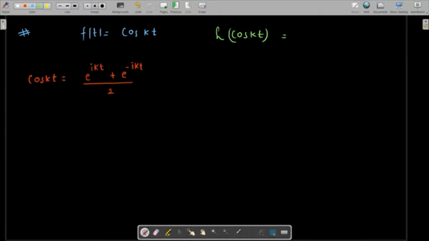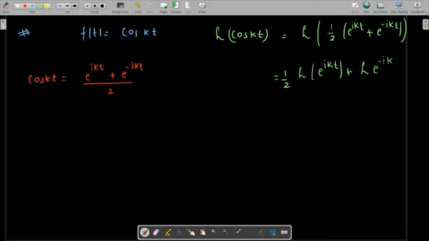So now the Laplace of cos kt using this expression is written as the Laplace of 1 over 2 times e raised to i kt plus e raised to minus i kt. So 1 over 2 is taken out, and we read a theorem in the blog that the Laplace transformation of ft plus gt is the Laplace transformation of ft plus the Laplace transformation of gt.